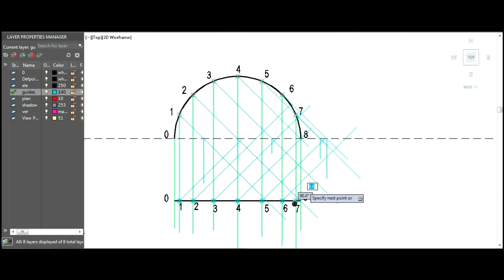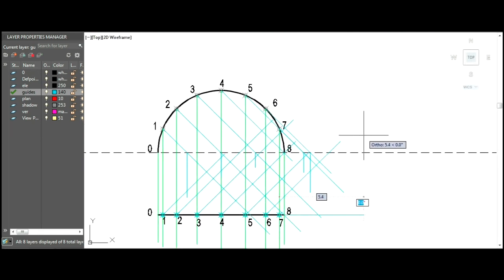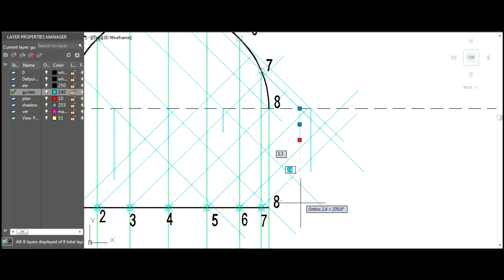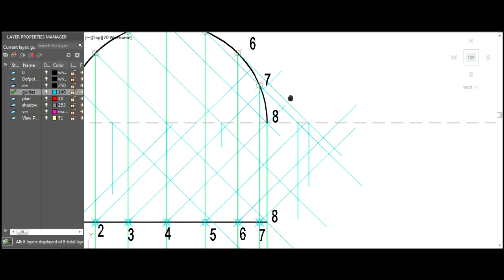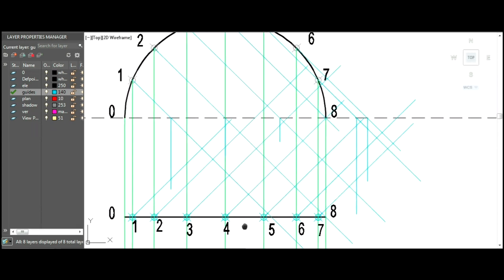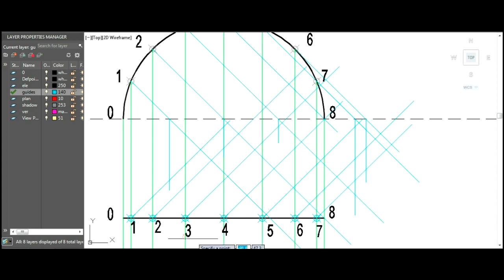So now we'll draw this 45 degrees from the plan. It will be different, but in elevation it will be the same light ray. So we'll use the same vertical that we used for 5 to intersect with 7.